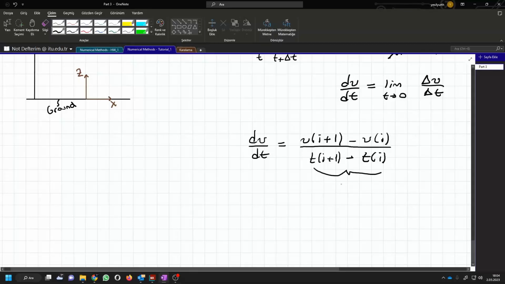So this is basically the delta t used in my numerical solver.